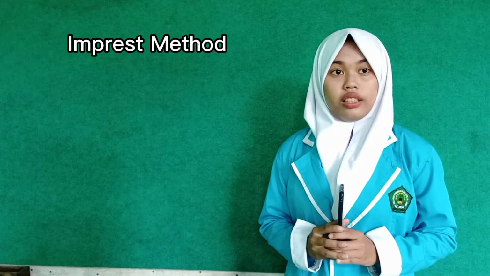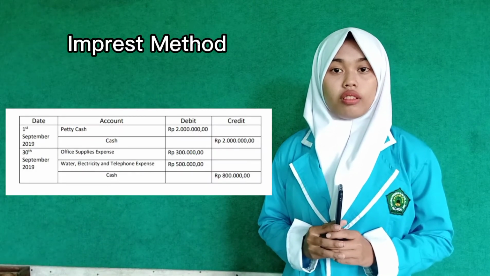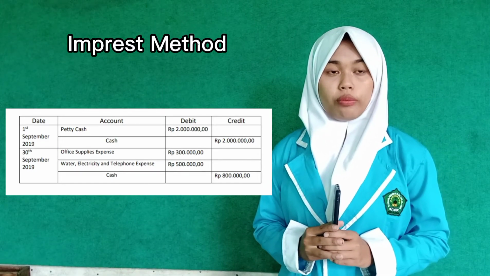For the imprest method, this formation will be journalized by debiting the petty cash account of 2 million rupiah and crediting the cash account of 2 million rupiah.